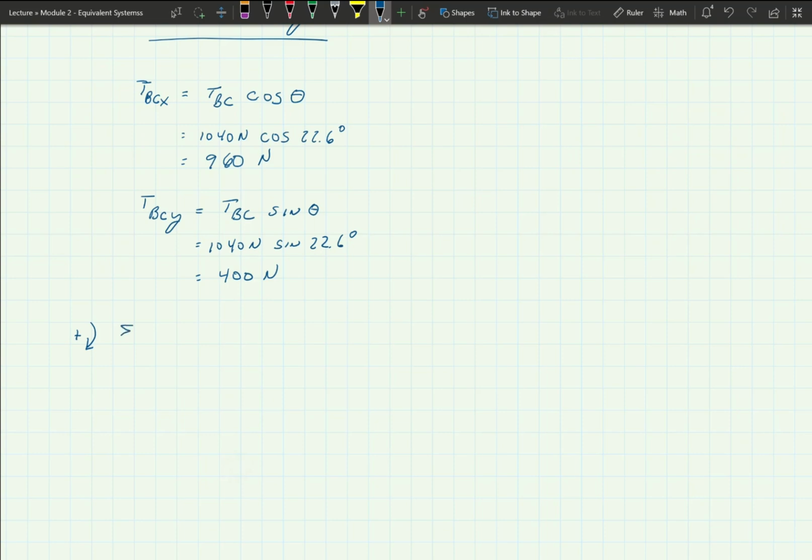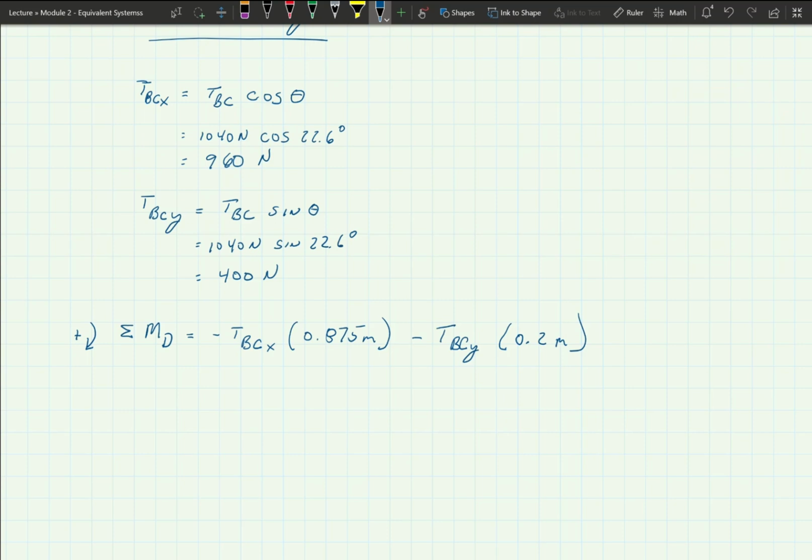We're going to write the sum of the moments about D is equal to minus TBCX times 0.875 meters and minus, and I'll come back and explain the minus signs here in a second, 0.2 meters.